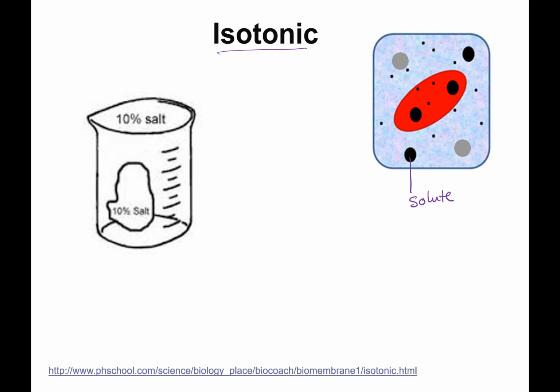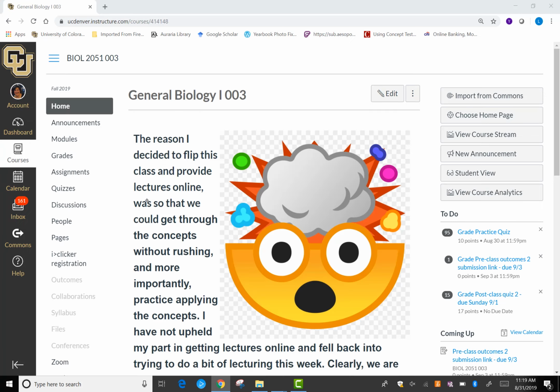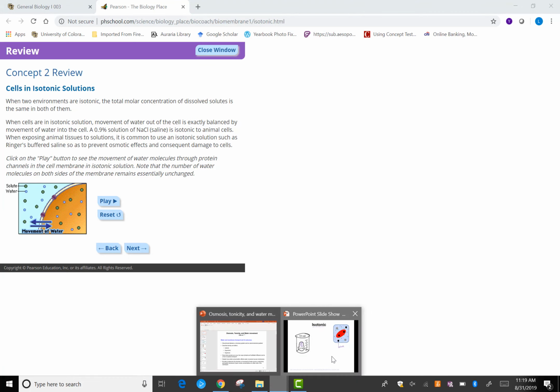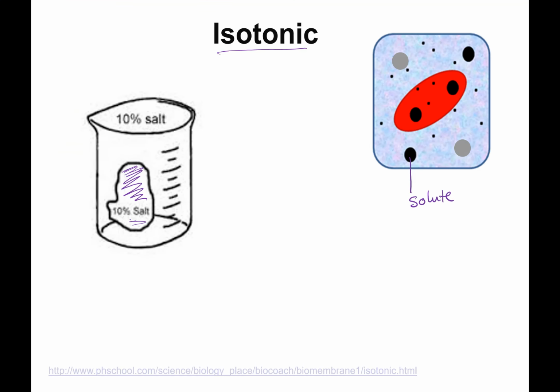So what's trying to be shown here is, say we have a cell or something inside some liquid. Inside here you have 10% salt. Outside in the liquid you have 10% salt. Salt is the solute, and so you have equal amounts on the inside and the outside. It's isotonic.